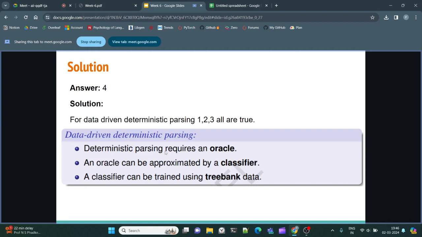In each of the algorithms, we saw that deterministic parsing requires an oracle, and the oracle can be approximated by a classifier, where from the training data we were learning. Sometimes we're learning the weights, sometimes we're learning what the possible arcs are. And a classifier can be trained using treebank data.